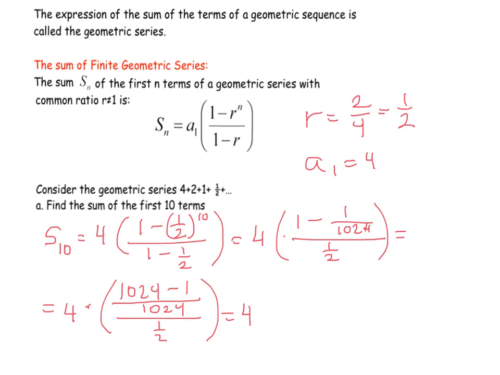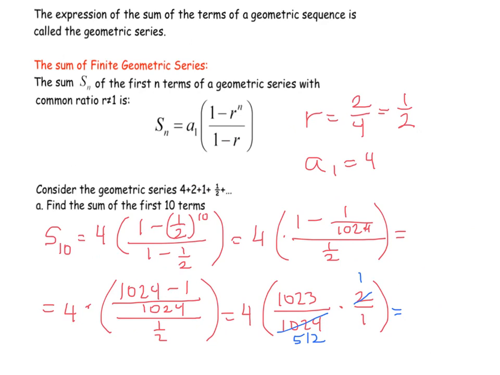So I'm going to do 4 times 1023 over 1024 times the reciprocal of 1/2, which is 2 over 1. Now if I simplify by this 2, I'm going to have 512.